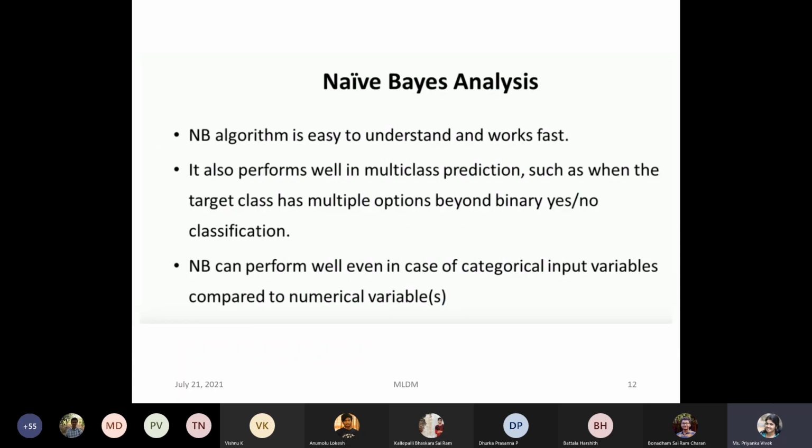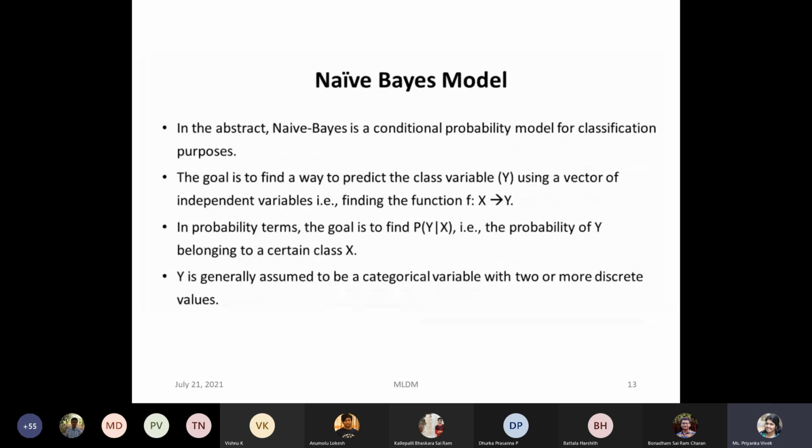It is easy, simple, and works fast. It also performs well in multi-class prediction, and if the attributes are categoric, it performs even better.